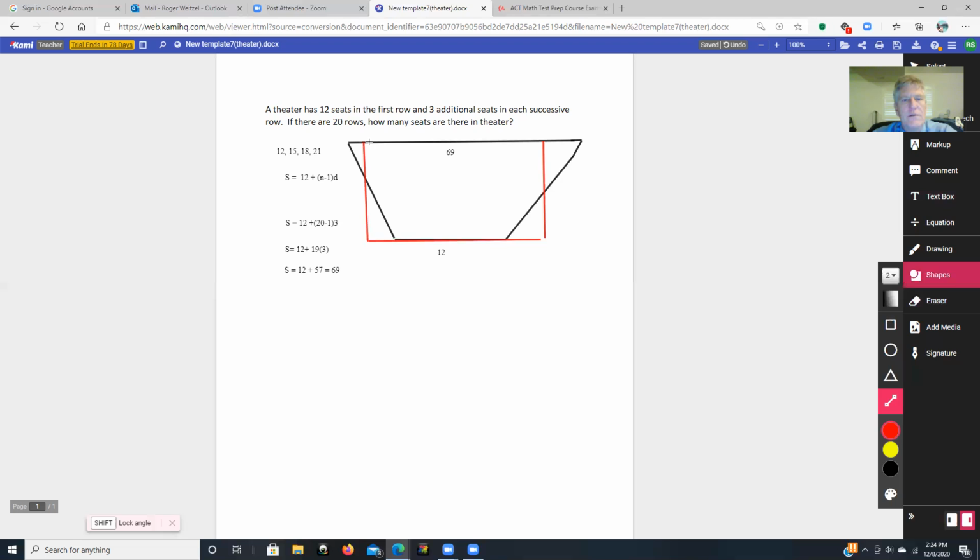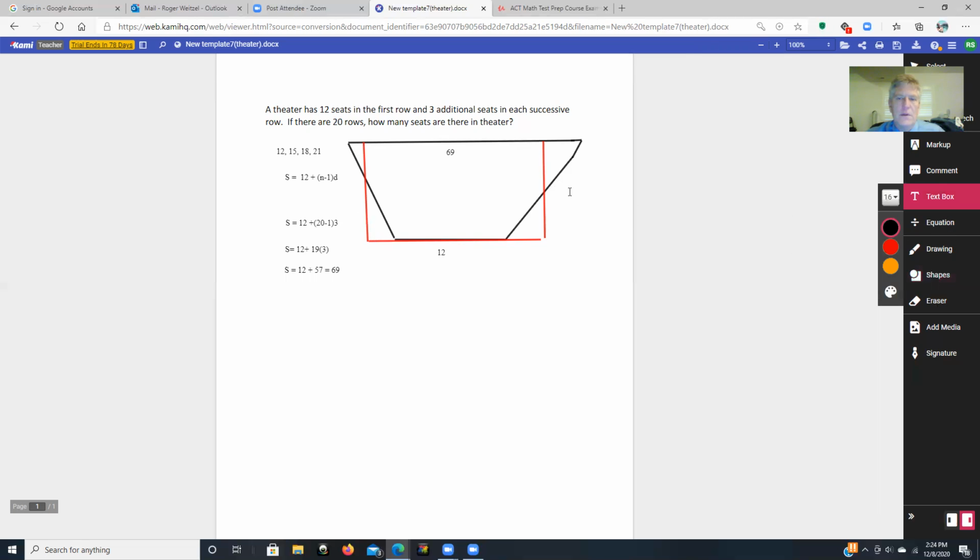So you can see if we can find the average of the last row and the first row, we'll have the length of this, and we can just take the length times the height. We already know that there are 12 seats here, 20 rows here.